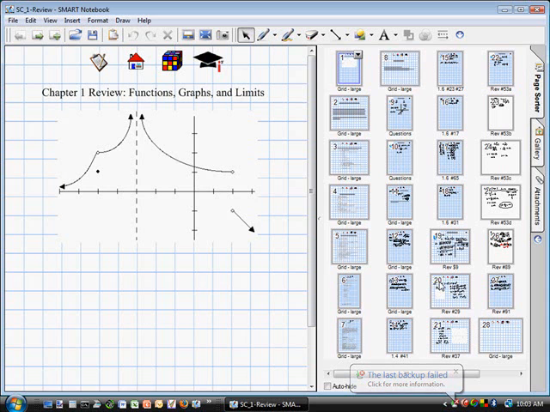It shrinks everything a little bit, but it shows me the problems I have up there. What would you like to do? Number 8 on page 45. So 1.4, number 8.